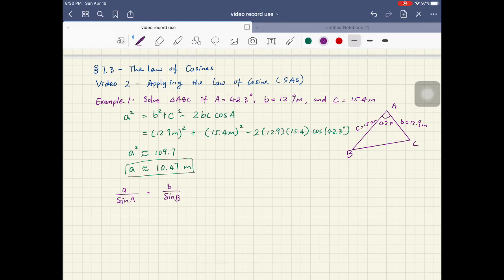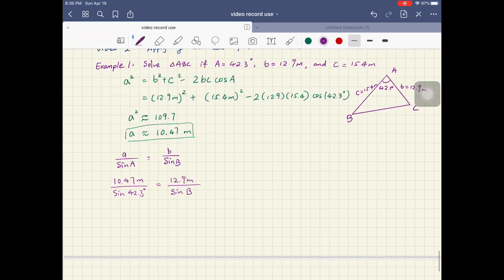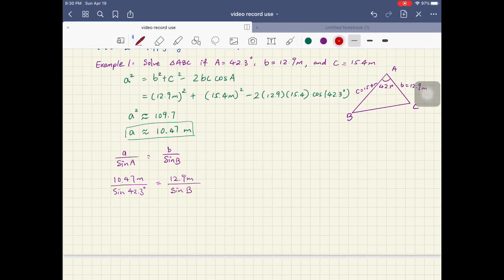Plug in everything we know: A is 10.47 meters, the one we just found, sine of A is sine of 42.3 degrees, B is 12.9 meters, and we're looking for angle B. We do not like to have the unknown on the denominator, so I'm going to flip the entire equation.